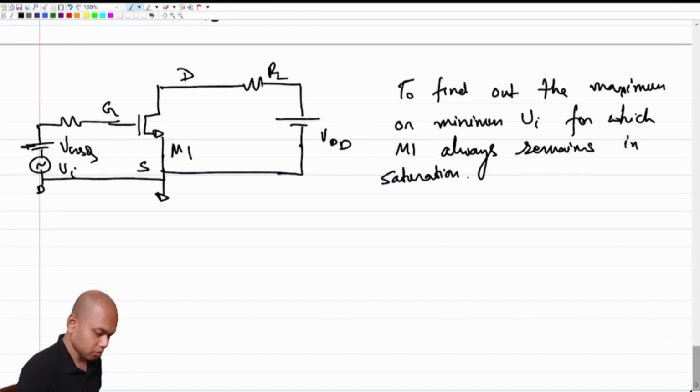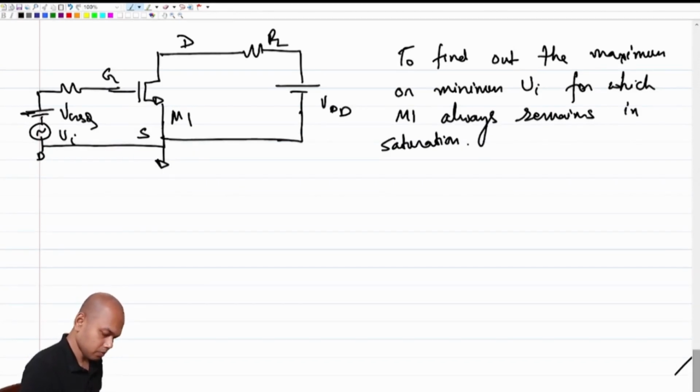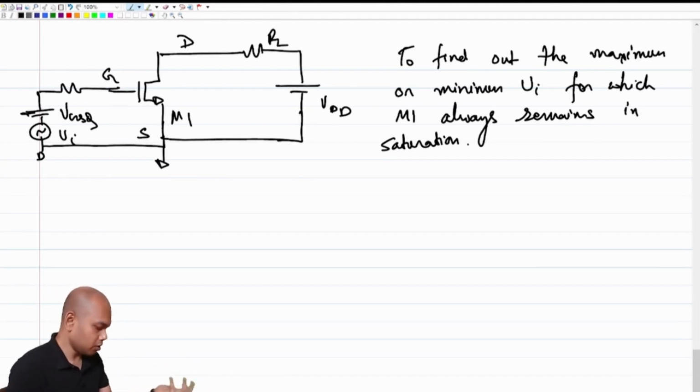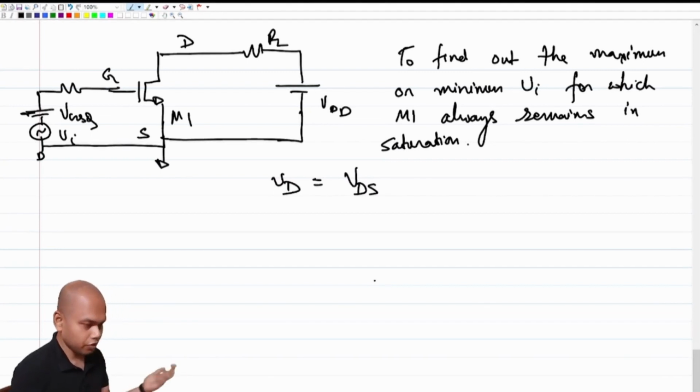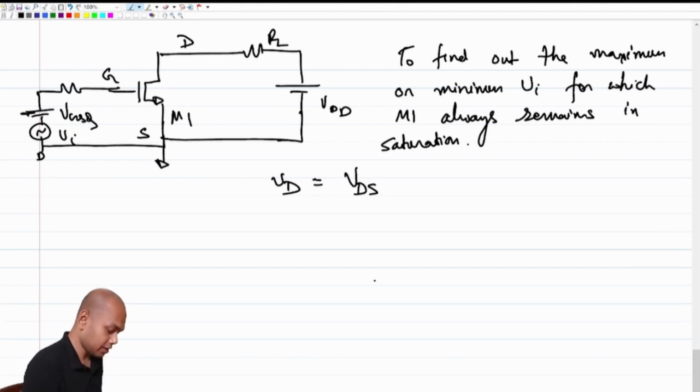What should we do? Firstly, we need to establish what are the total currents and voltages. So let's do the saturation condition first. So Vd, which is equal to VDS, which had been found from quiescent conditions, plus small vds.